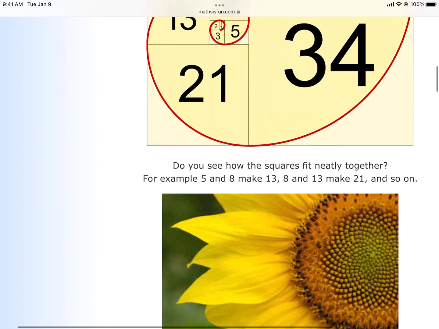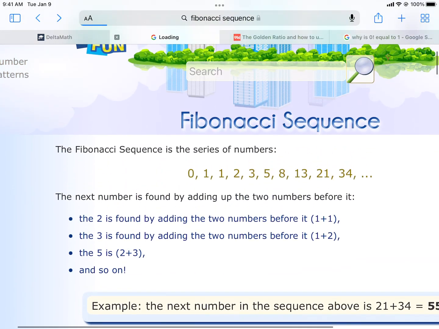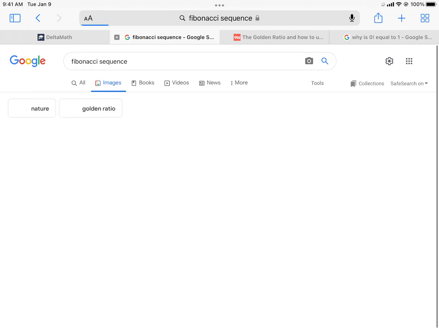And these squares fit neatly together to form that spiral, and that spiral shows up in a lot of natural applications. Now you don't really see it drawn very well in this flower, but let me pull up a better image.